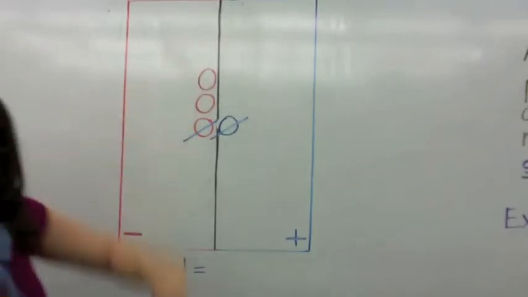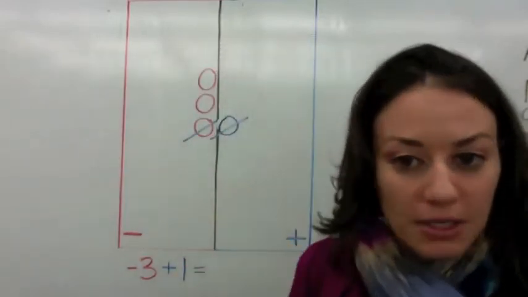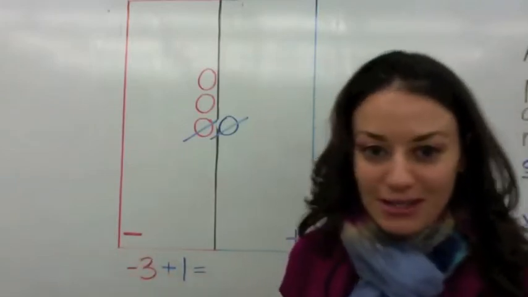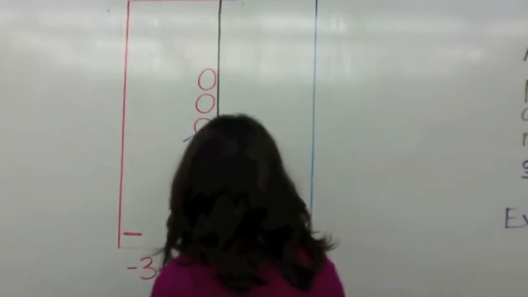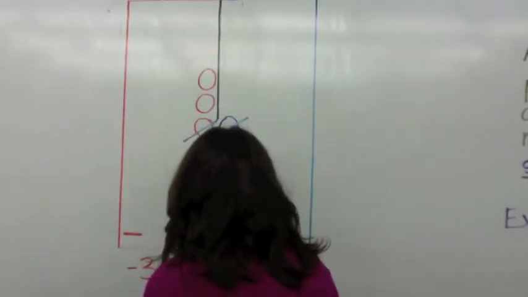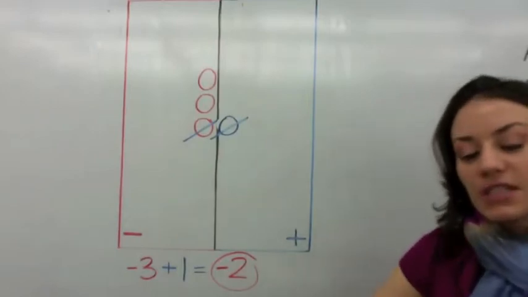What is left? You have 2 circles. On which side? The negative side. So that's why this is -2. Does that make sense? You have 2 circles left. They're on the negative side.